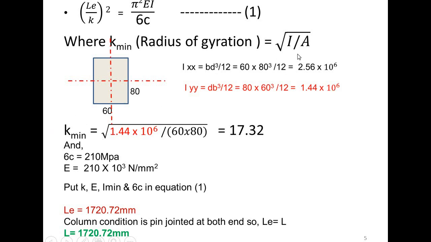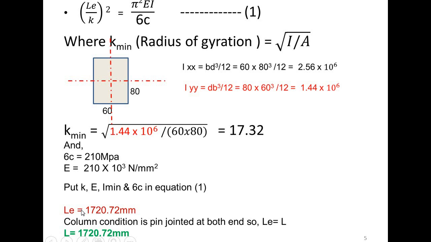Now the value of K minimum, just put the value of Iyy in this equation. Area of cross section is 60 into 80. So finally we got the value 17.32. Now to calculate LE, put the values of E, sigma c and K in this equation 1. We will get the value of LE.